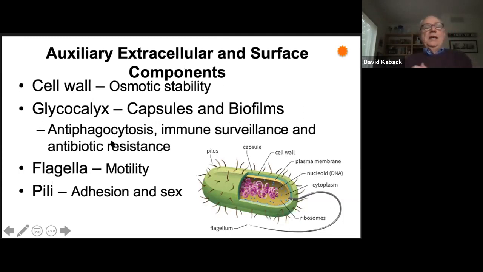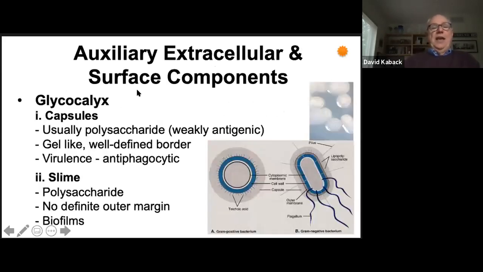And furthermore, they form a barrier that prevents the penetration of some antibiotics into the bacterial cell where it can be taken up and kill that bacterial cell. So this is the glycocalyx, as well as flagellae and pili. But let's talk about the glycocalyx.